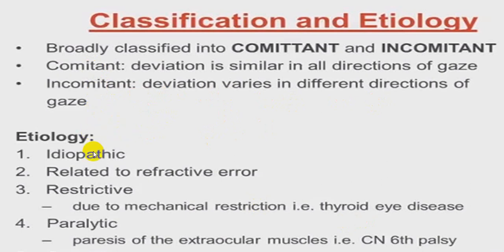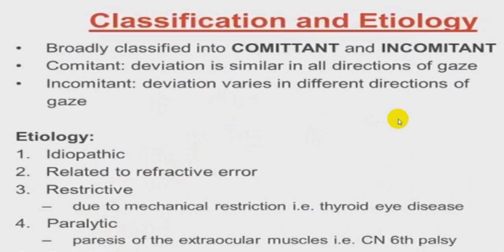Etiology can be idiopathic, can be due to refractive error, or can be restrictive, or can be paralytic. We call it paralysis of extraocular muscle. Restrictive, classical example in case of exophthalmos. And maybe because of refractive error, and very, very rarely sensory.